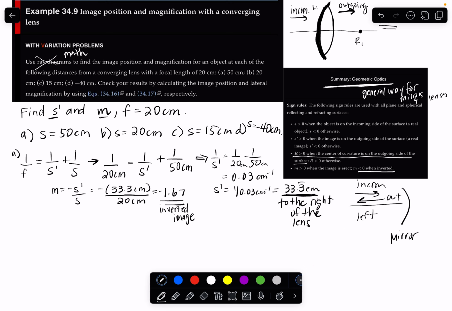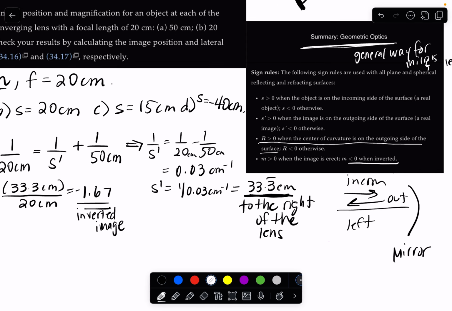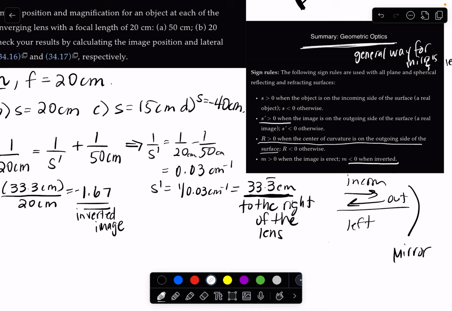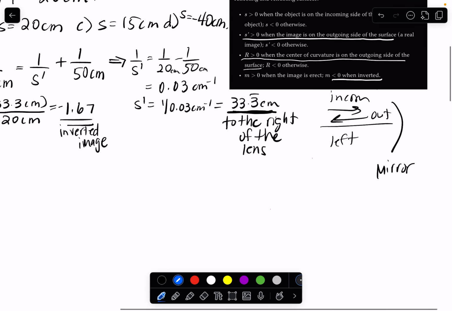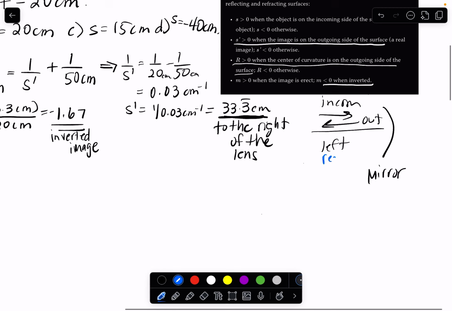Because when the image distance is greater than 0, the image is on the outgoing side of the surface. It produces a real image. And for lenses, the outgoing side of the surface, that's up here, right? That's this side right here, which is the real side. Now, what about a mirror? Just for fun, the real side of a mirror is the left, because we expect light to reflect off the mirror and be on the same side as the mirror.